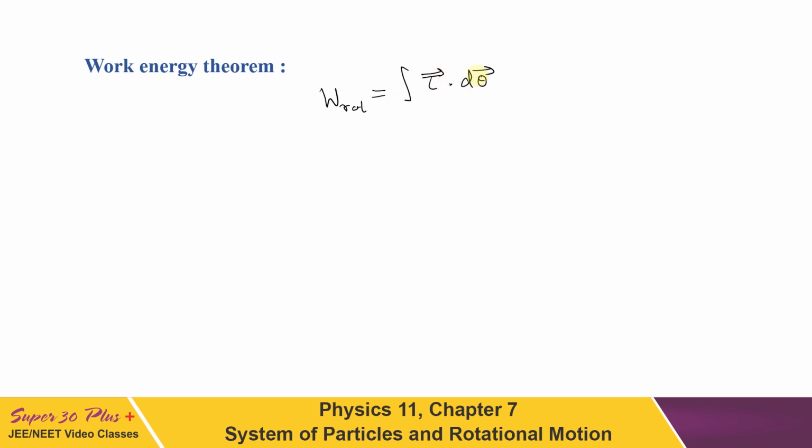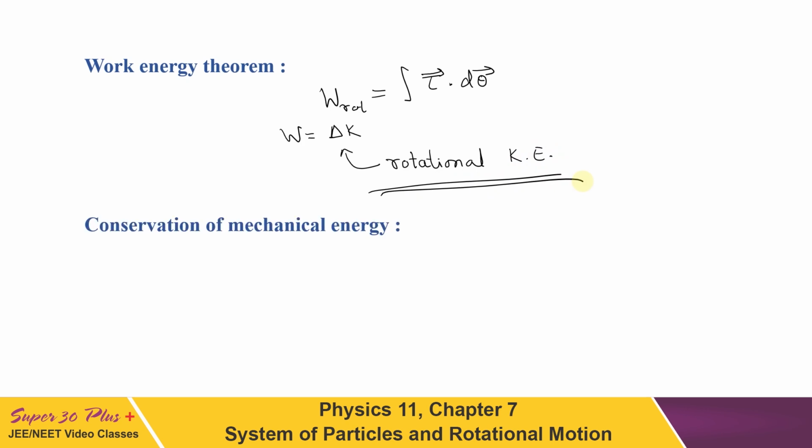And since the work energy theorem for translational motion says work done should be equal to change in kinetic energy, the same we can write for rotation as well, that net work done should be equal to change in kinetic energy, and this time the kinetic energy is rotational kinetic energy. So again we got a similar term in rotation that we used to write for translation.